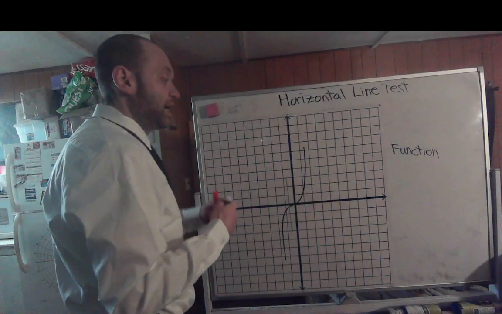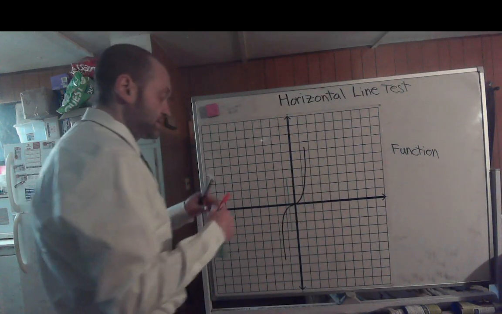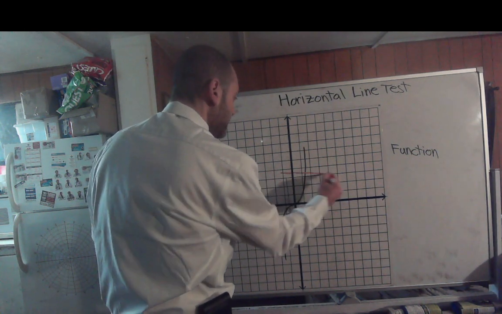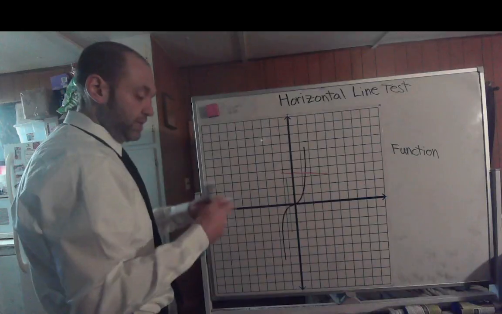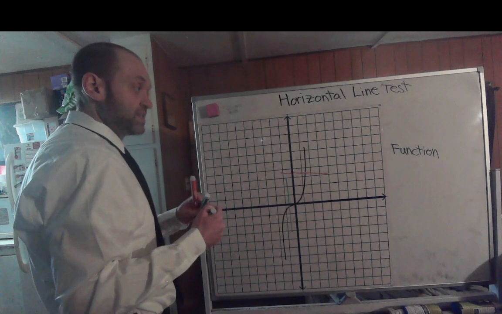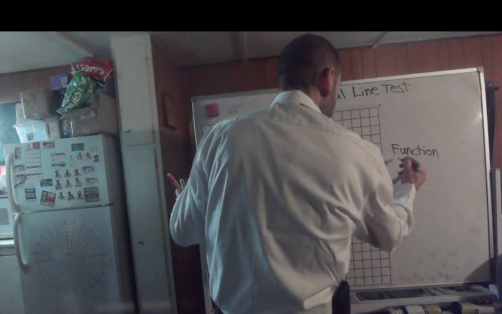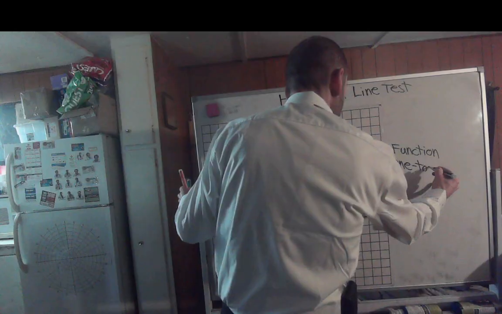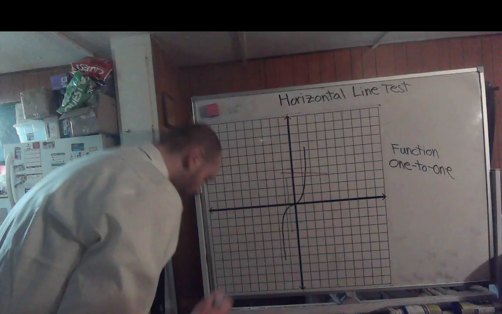That's where we apply the horizontal line test. And it's going to cross through the curve at exactly one point, and only one point. So this is a one-to-one function because it passes also the horizontal line test. So there's a one-to-one function.